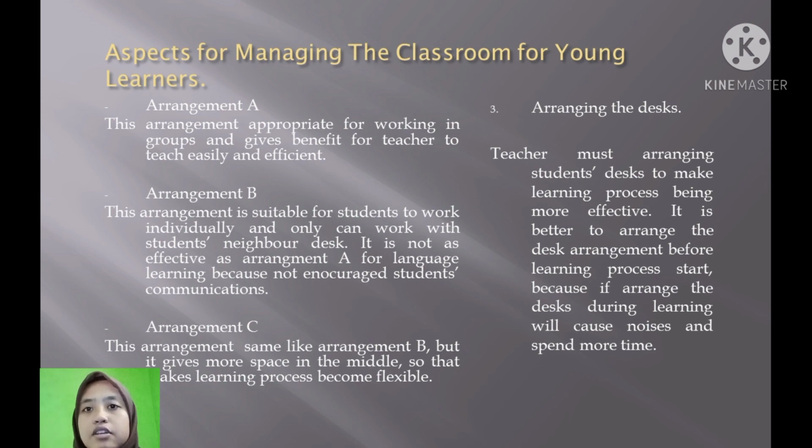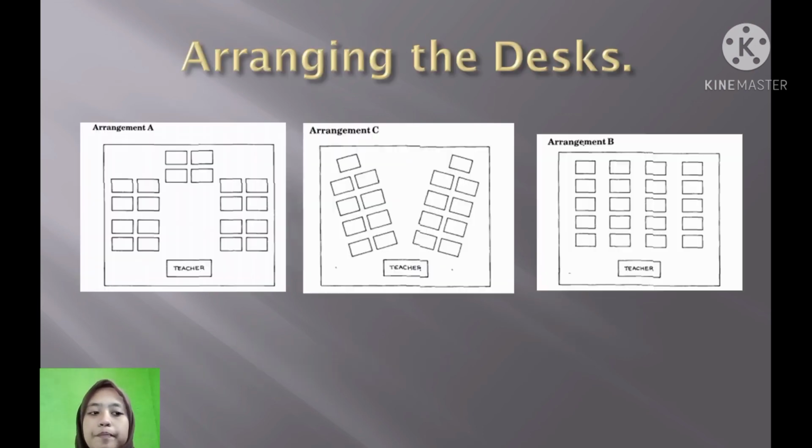The last is arrangement C. This arrangement seems like arrangement B, but it gives more space in the middle, so that it makes the learning process flexible. So here is the figure of each desk arrangement.